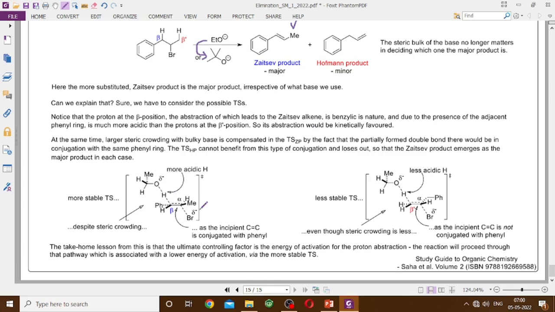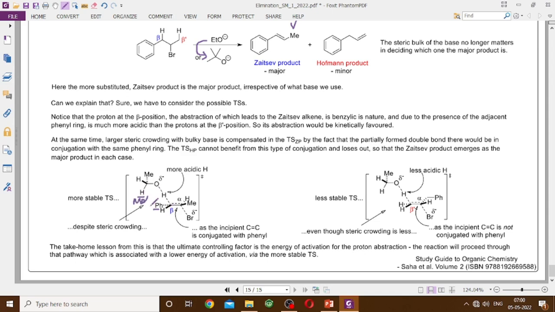This is the transition state for the abstraction of the hydrogen from the blue beta carbon, and here we have the scenario where the partly formed double bond between alpha and beta is right next to this phenyl. There will be crowding. If you put a methyl here, there will definitely be steric crowding.